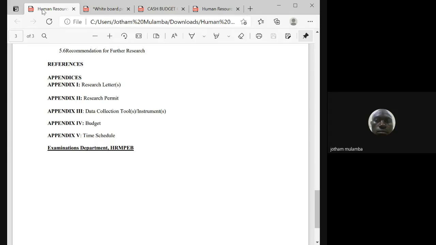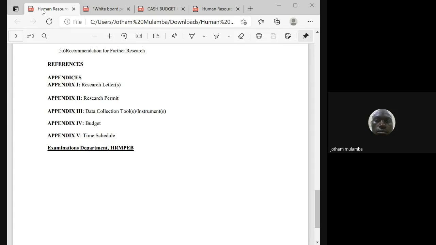Remember, you must plan, because for the proposal, you are requesting us to give you permission to go and conduct the study. So as you are asking us to give you permission, you must have planned what you are going to do and how you are going to conduct this particular study. That's why you have to give us the time schedule. If we give you an okay, how long will it take you to collect data, to distribute questionnaires? How long will it take you to collect those questionnaires back?